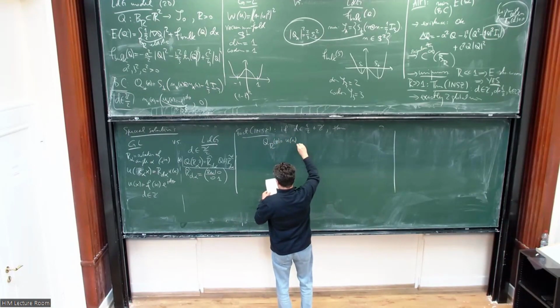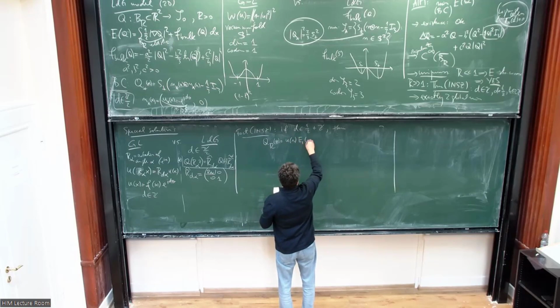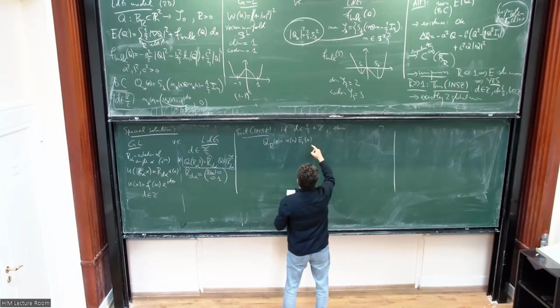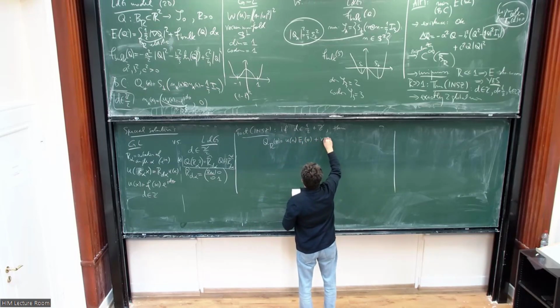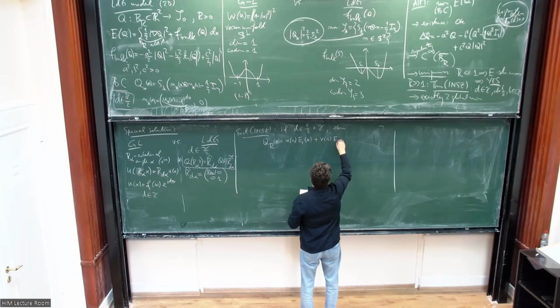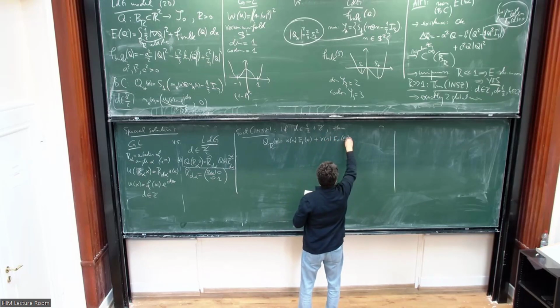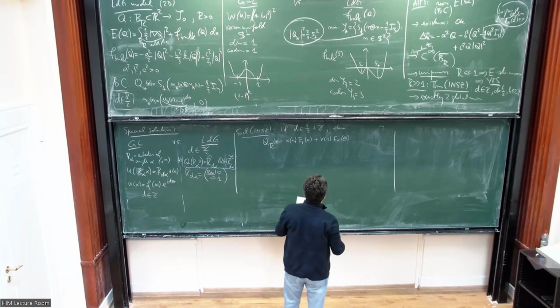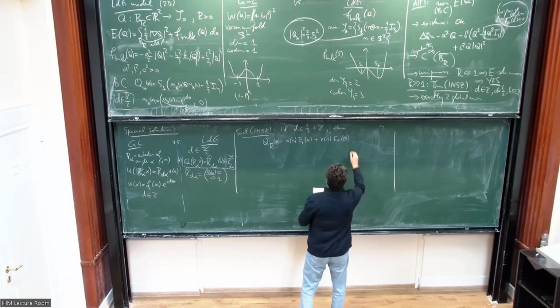Let me write it. Okay, this is bad because I started with E1 and then with E0, but this is our notation in the paper, so if you check the paper afterwards, I don't want to change that.